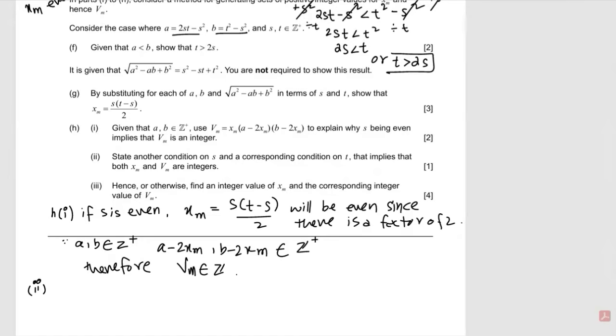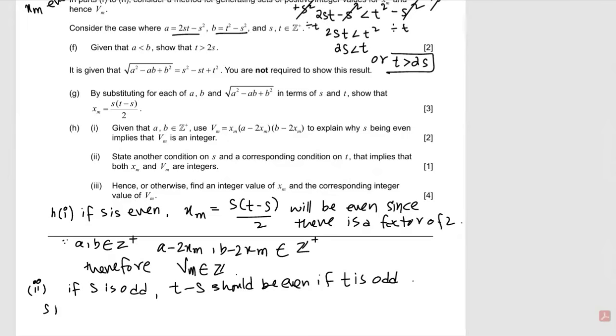We know that, let's say, if S is odd, then in order to make this x sub m an integer, we need to make T minus S even. And this will only happen if T is odd, because the difference of two odd numbers is also an even number. So that is a valid condition.